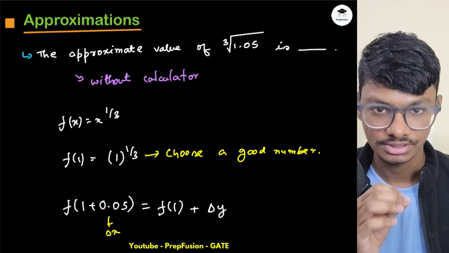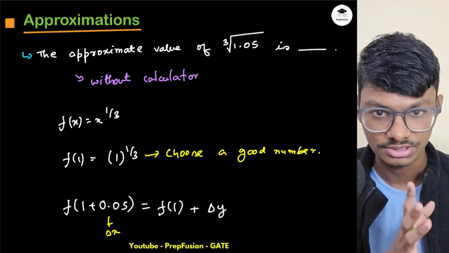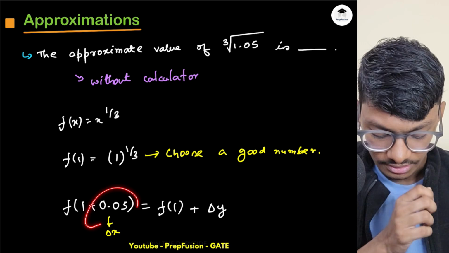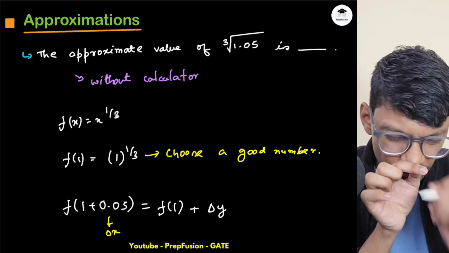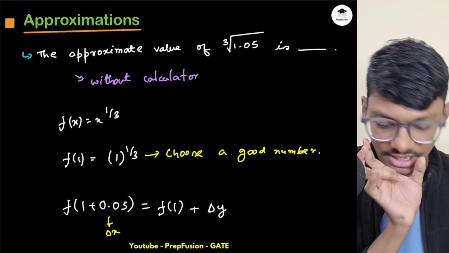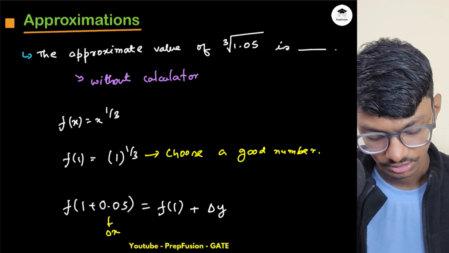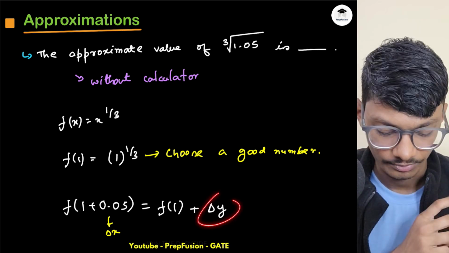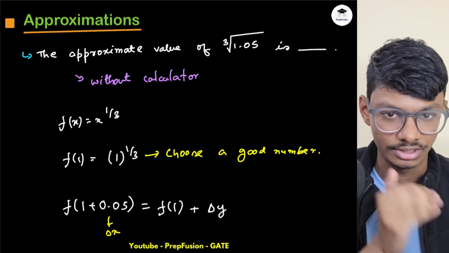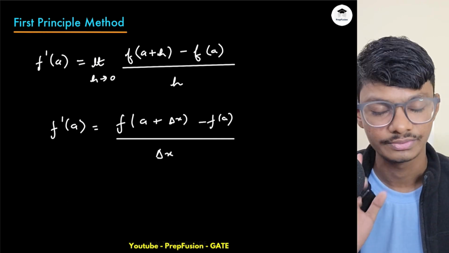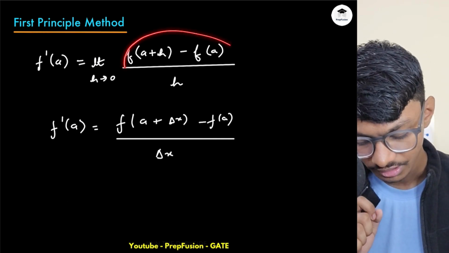Then f of 1 plus 0.05. I already know f of 1, and I just have to increment by 0.05. It will be very near, as this graph is continuous and will not deviate very far away. So it will be f of 1 plus some delta y. Now basically what is the concept? The concept is the first principle method.